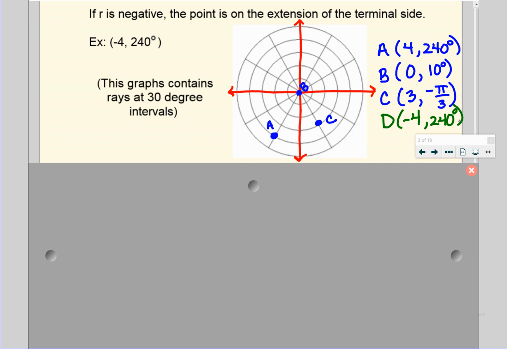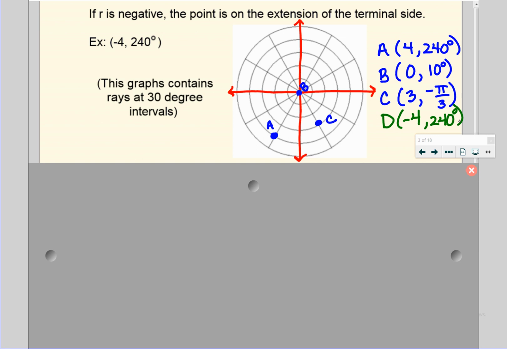So 4 units out, instead of starting here, I'm going to start over here. And then from there, that's where my rotation goes. So from this point, I need to rotate positive 240 degrees. If I'm rotating positive 240 degrees, am I going clockwise or counterclockwise? Counterclockwise, okay? So from there, I would have to rotate 90, 180, how many more degrees?